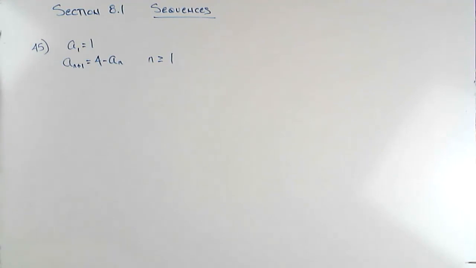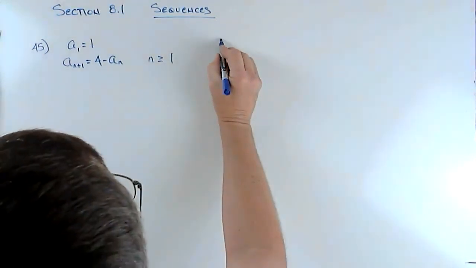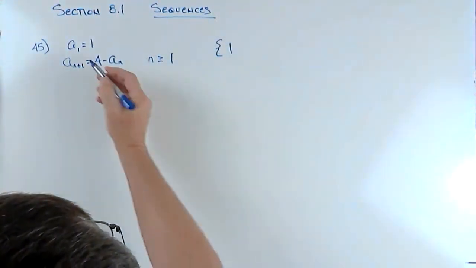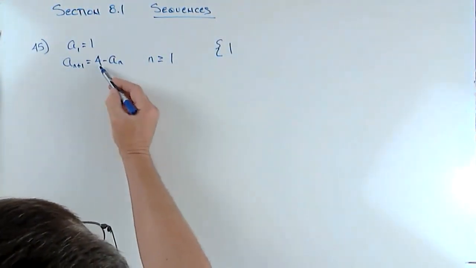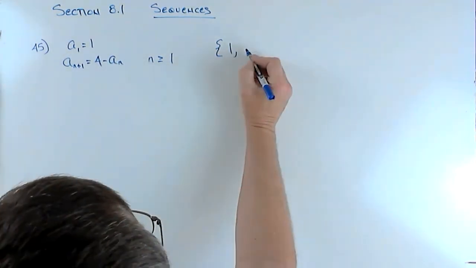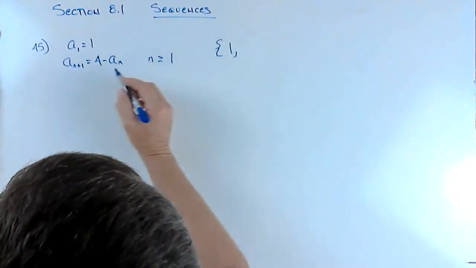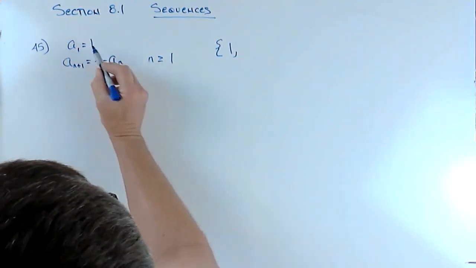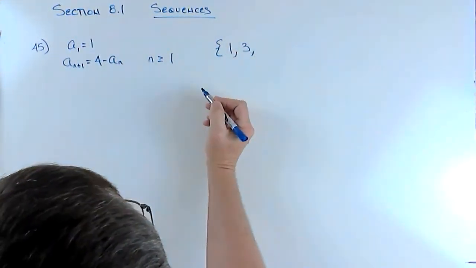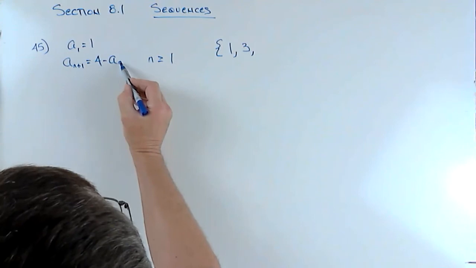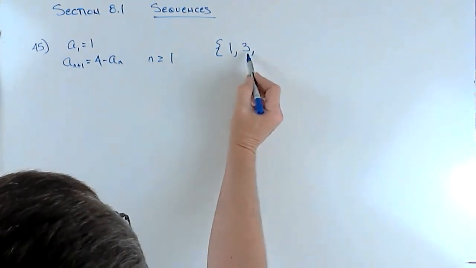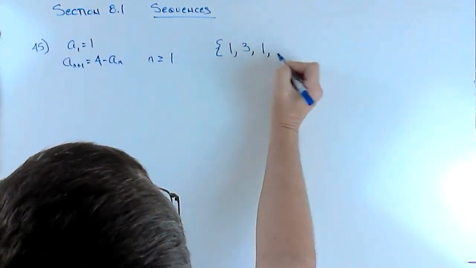So if we write down a few of the first terms, the first term is 1, a sub 1 is 1. The next term is 4 minus 1, because it's 4 minus the previous term, that's going to be 3. And now it's 4 minus the previous term, 3, so it's 4 minus 3, that's going to be 1.